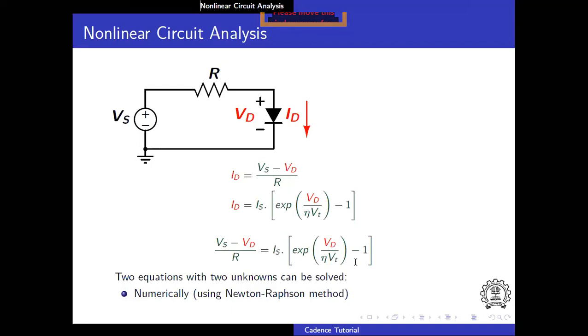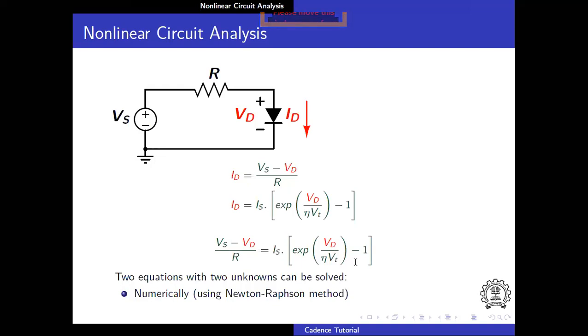You can brush up on how Newton-Raphson works: we iteratively find this VD, and there is no fixed number of steps required to get the value. We need an initial guess, and based on that we estimate and come near to the solution. This is what a simulator actually does. Whenever you have a nonlinear element, it tries to find the solution and gives you the value, so it saves your time in very cumbersome analysis.